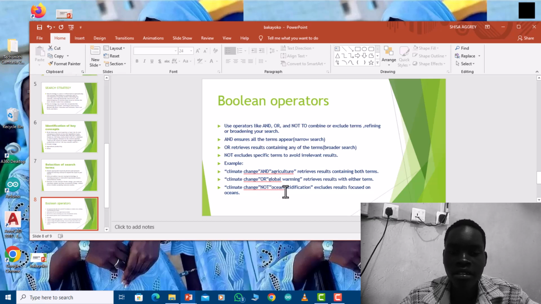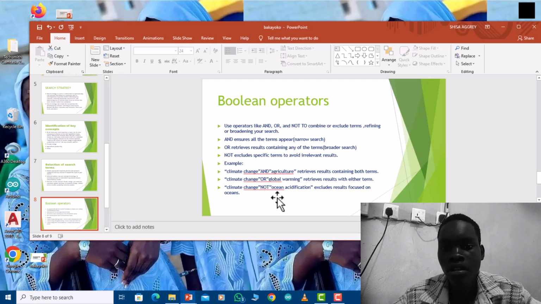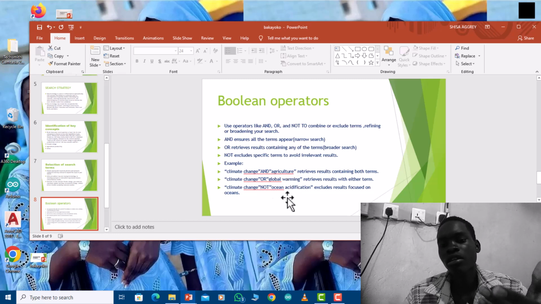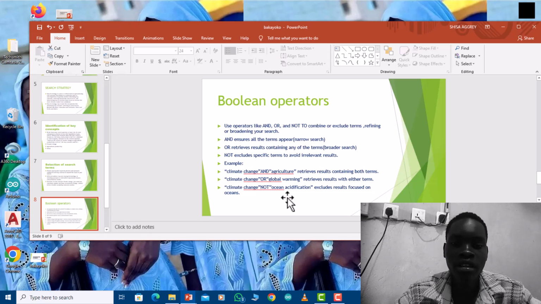Ocean acidification doesn't deal with climate change in agriculture. This one deals with aquatic lives. So these results will be excluded. So while typing, you'll find that the information you have fed will be as specific as you desire.